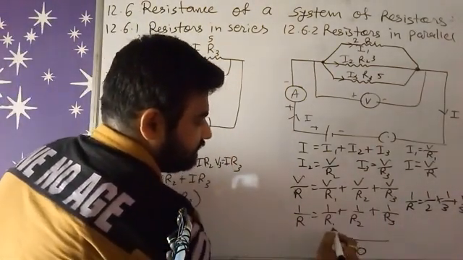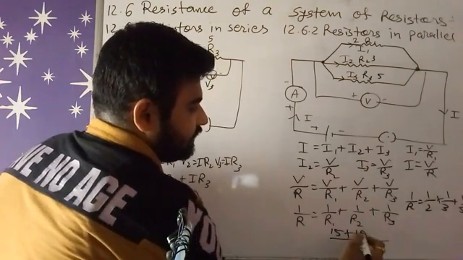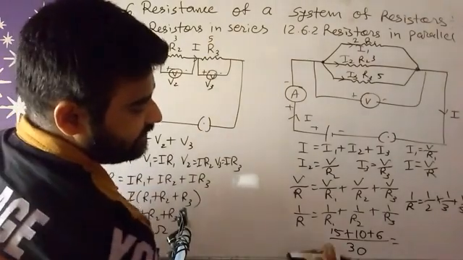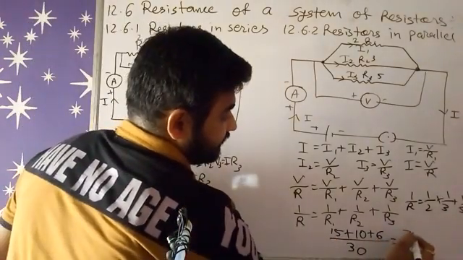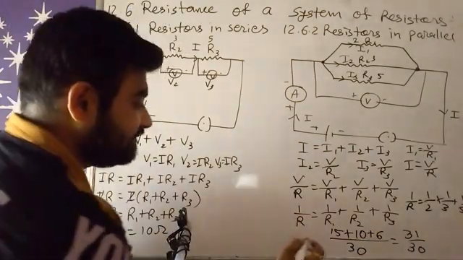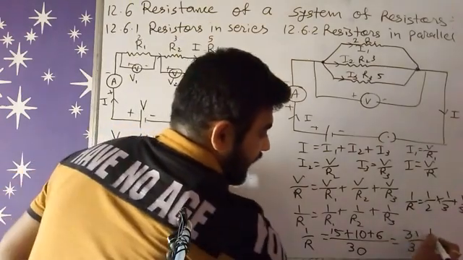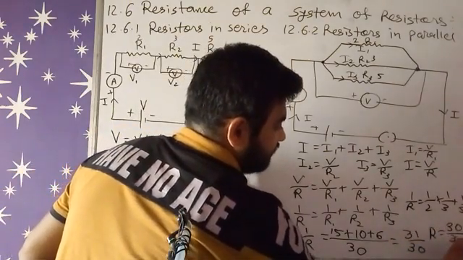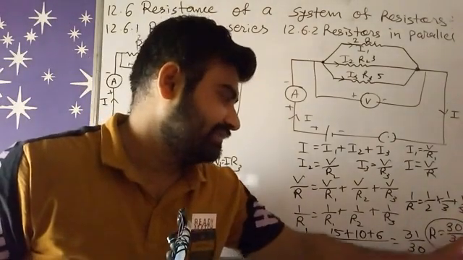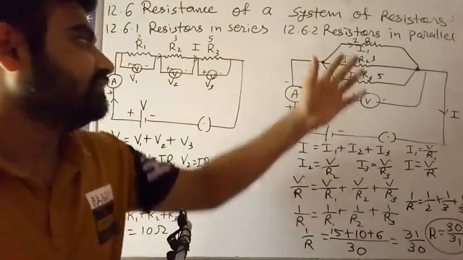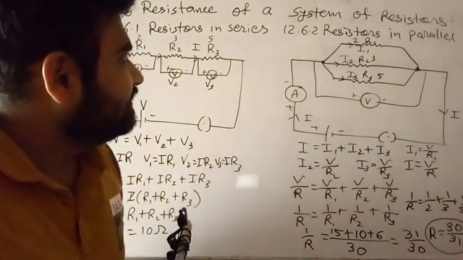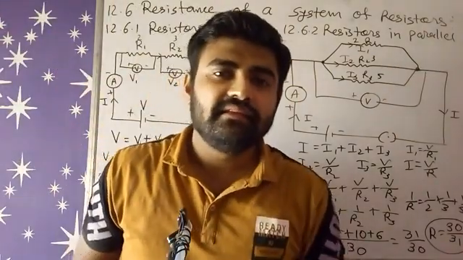So I write here 15 plus 10 plus 6, which will be 31 by 30, right? So 31 by 30 is our 1 upon R. We need to find R, so R will be 30 upon 31. This is our true value, 30 upon 31. This is the equivalent resistance of this circuit combination. So that is the resistance of a system of resistors in series and parallel.